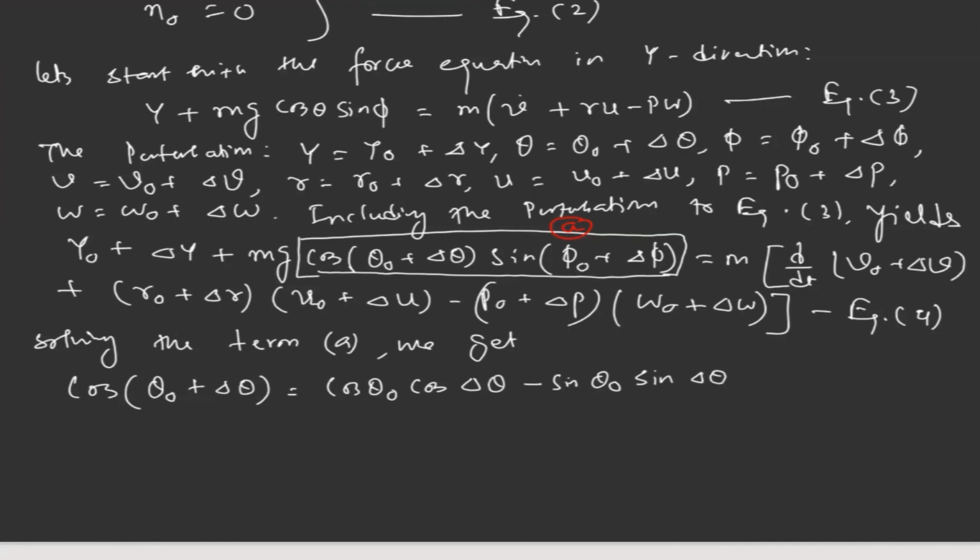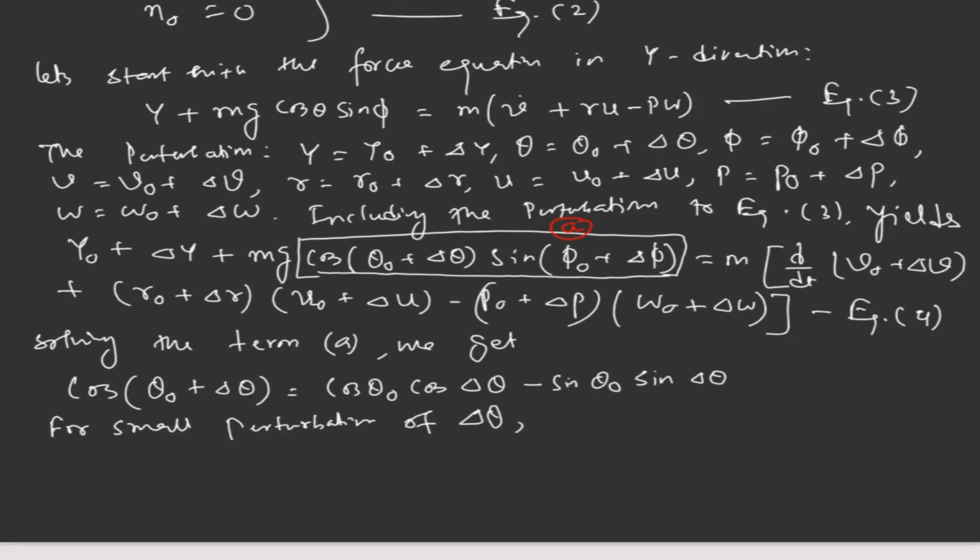And for the small angular displacement, if you did notice, for small perturbation of delta theta, we can write cos delta theta equivalent to 1, and sine delta theta equivalent to delta theta.